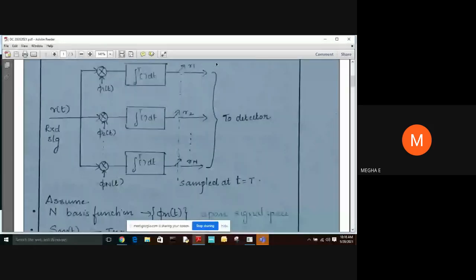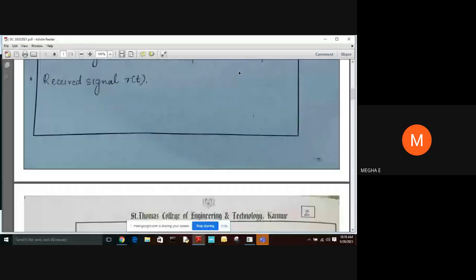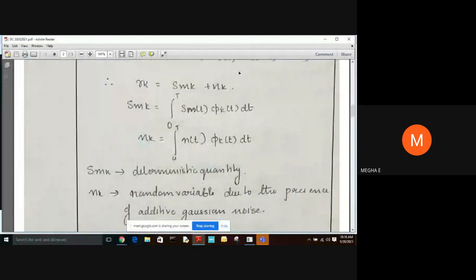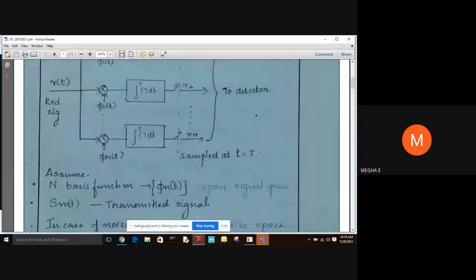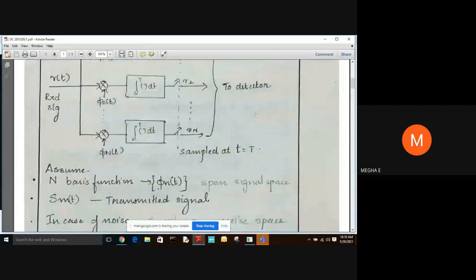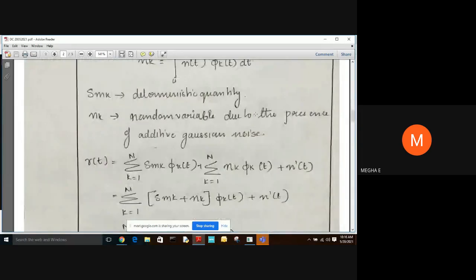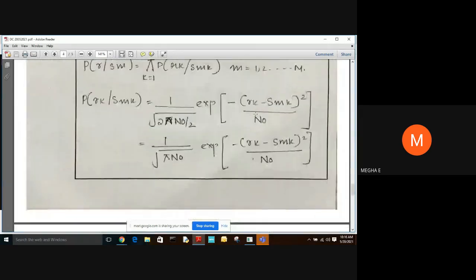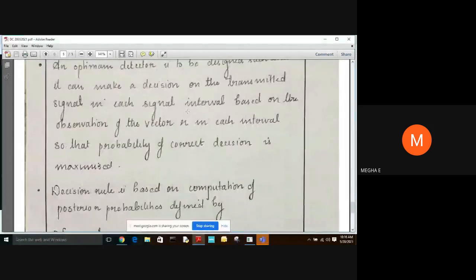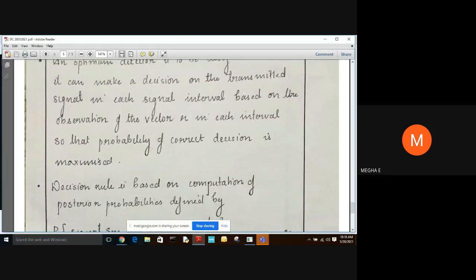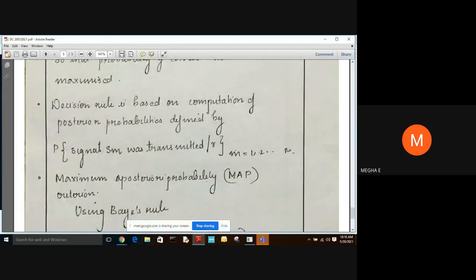Afterwards we discussed the detector part. The output vector is given to the detector. So we are designing an optimum detector, which is designed in such a way that decisions are made based on the observation of the vector R in the interval, so that the probability of a correct decision is maximized.